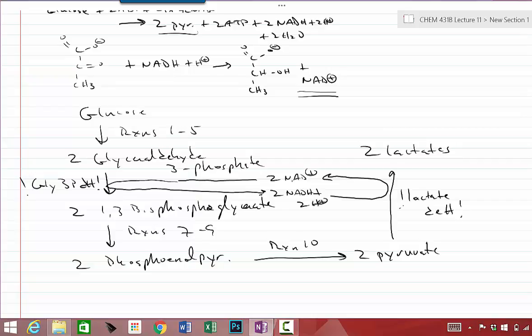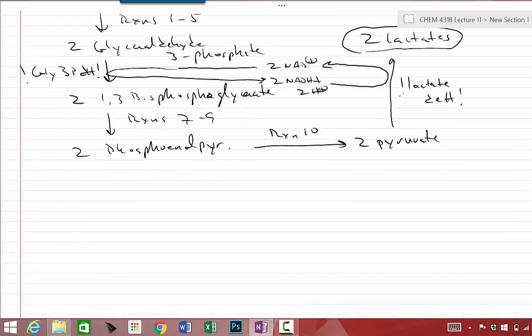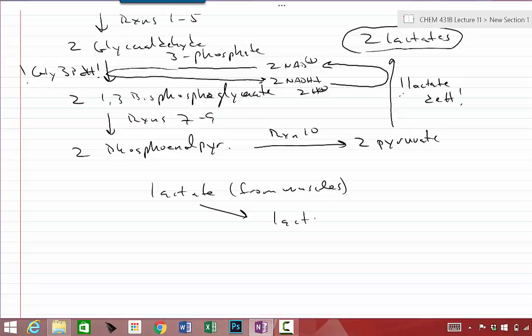The other thing that this does is that the lactate is acidic. Okay, this is acidic, and it gets released from the muscles into the bloodstream. So the lactate gets released from the muscles and it goes into the bloodstream.